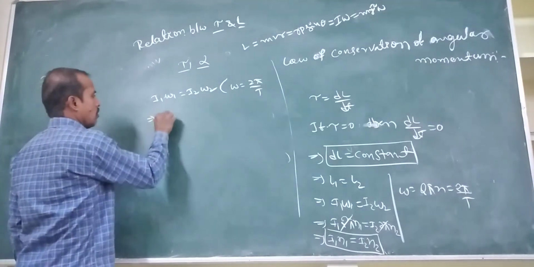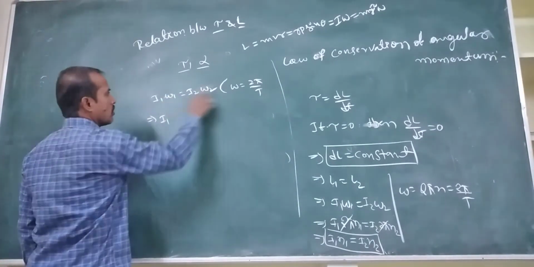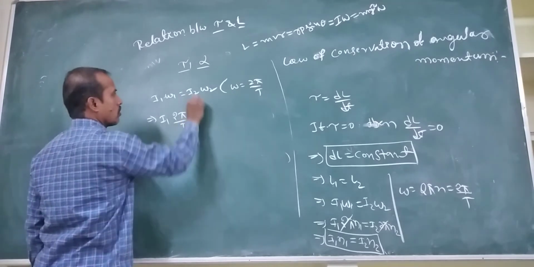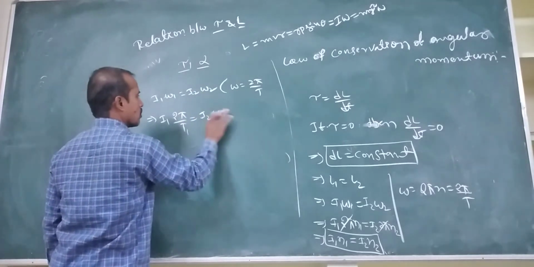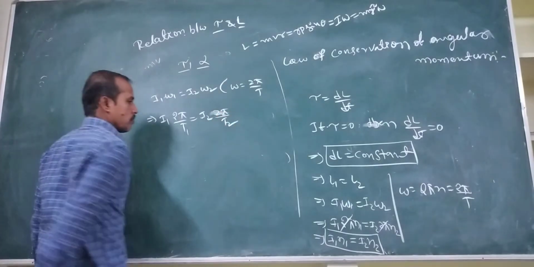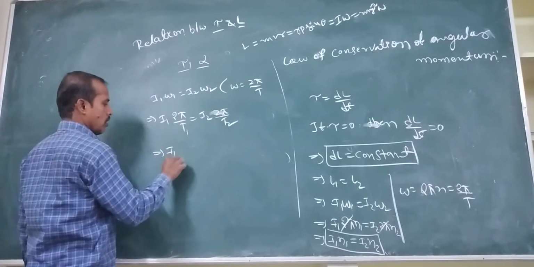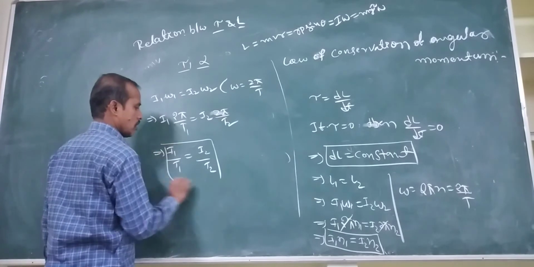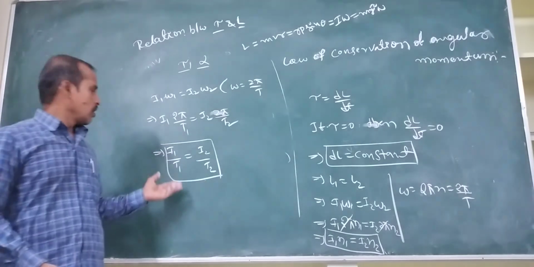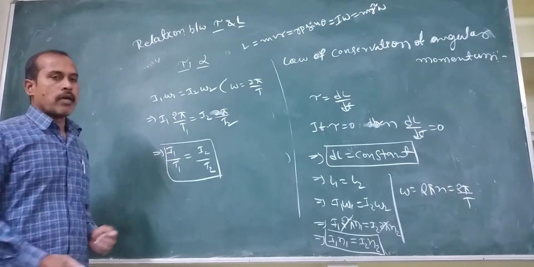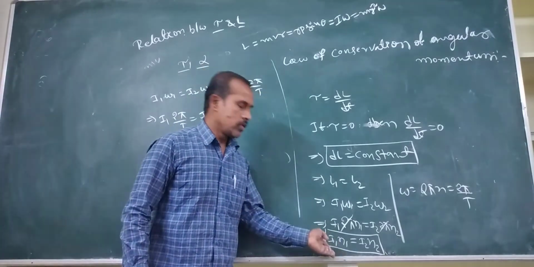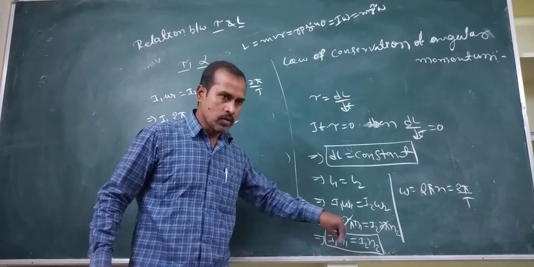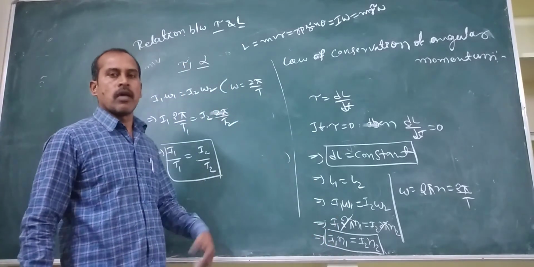That means I1 times 2 pi by T1 is equal to I2 times 2 pi by T2. So I1 by T1 is equal to I2 by T2. This is the formula in terms of moment of inertia and time period, and the earlier one in terms of frequency and moment of inertia. These formulas are used in IIT mains and at this level.